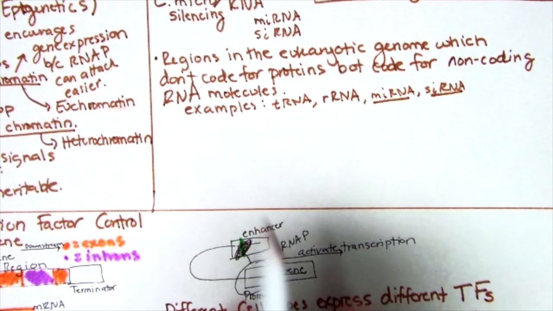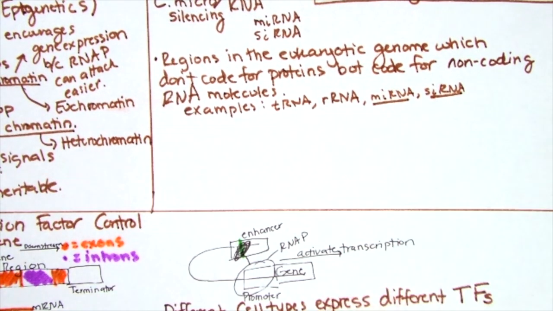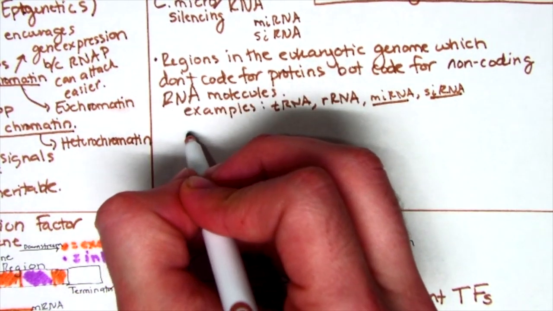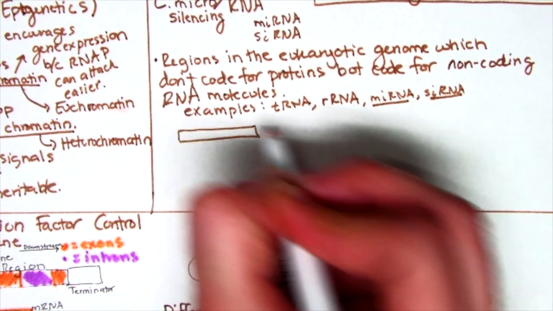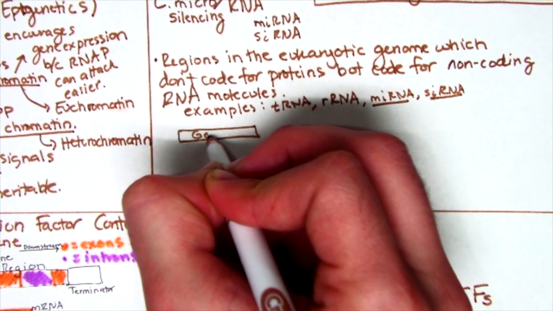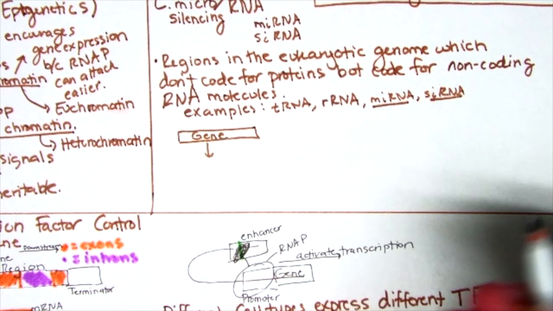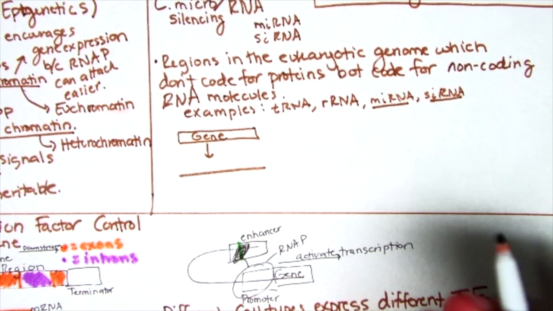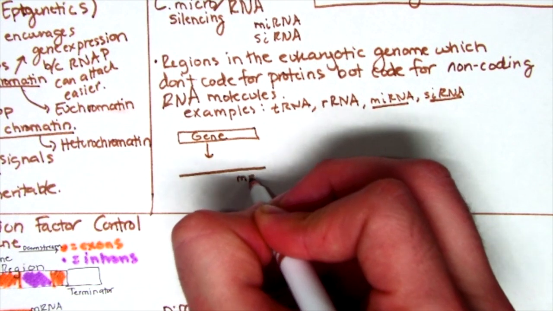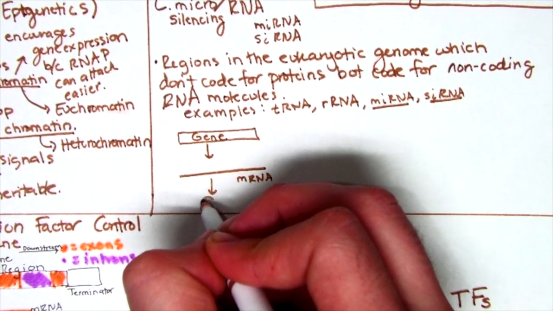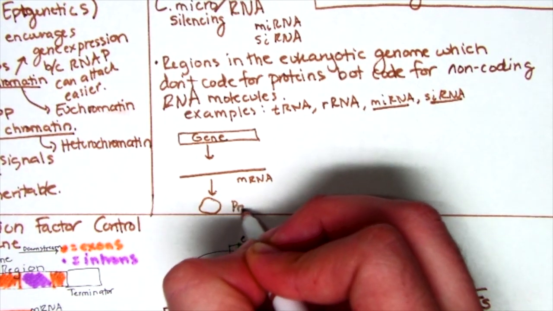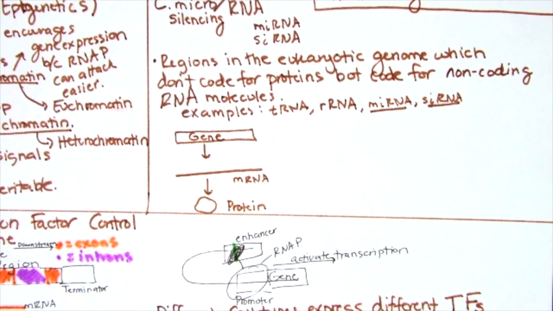If you think about a gene when it's expressed, let's take this to be a gene, right? When it is transcribed, it becomes mRNA and then becomes a protein.